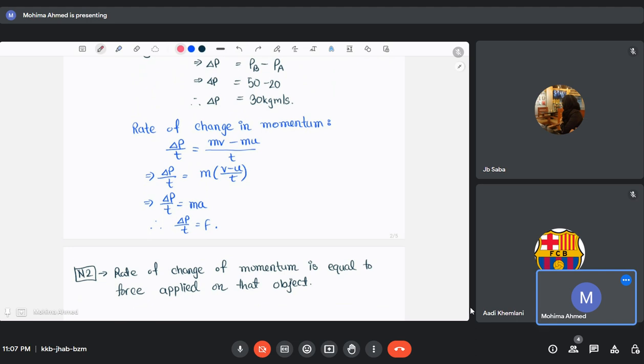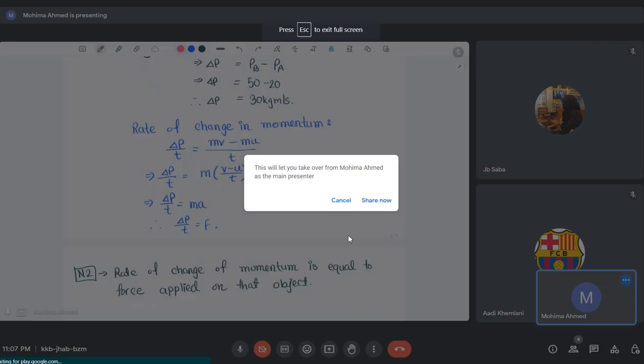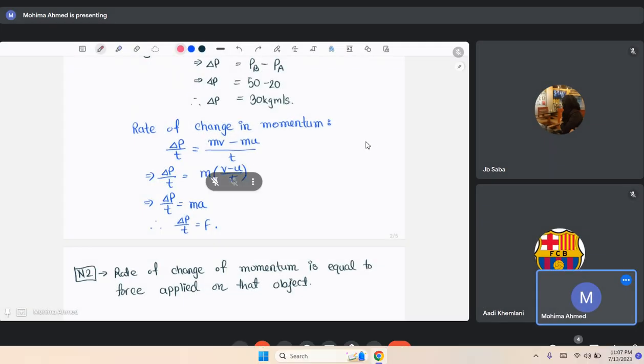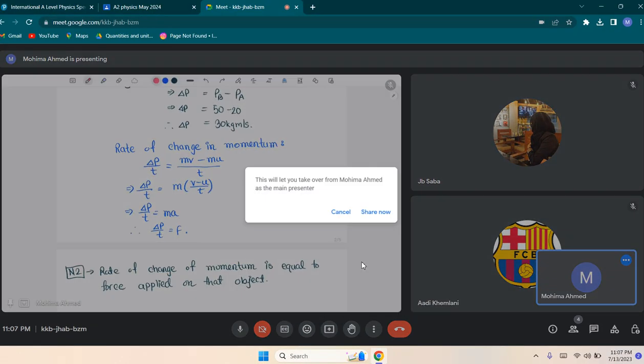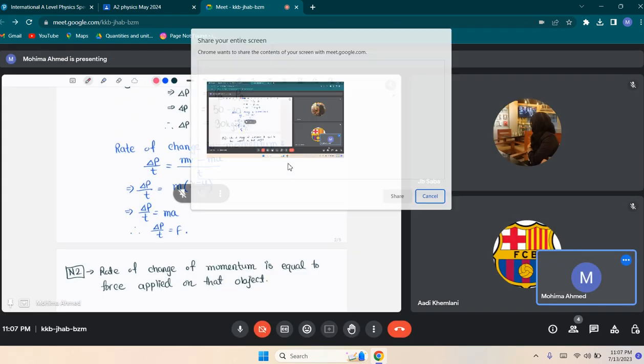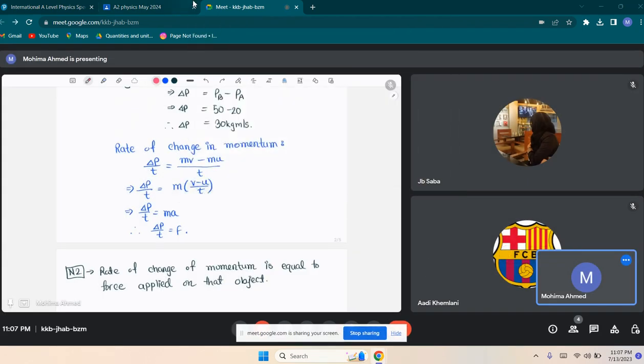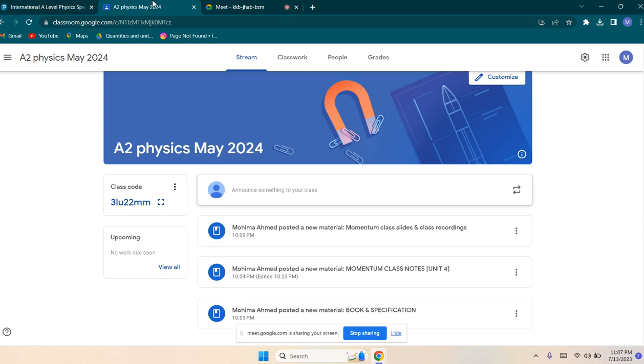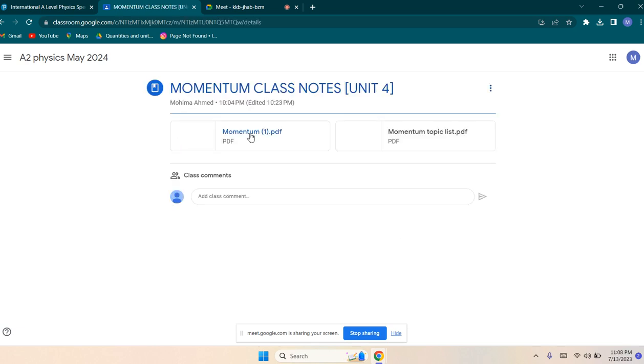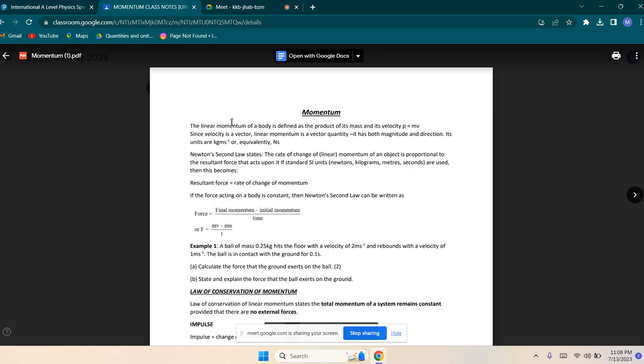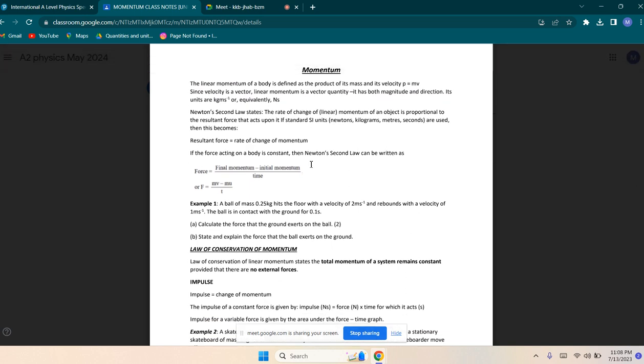Before that, let's just go to that first. We have explained up to this level, and after that, we will focus on example one.